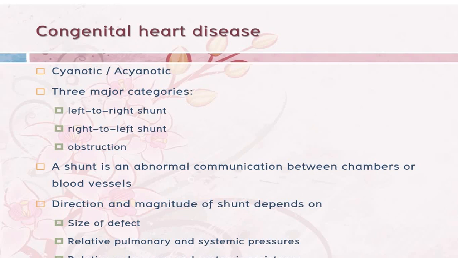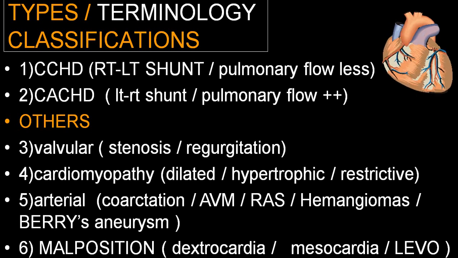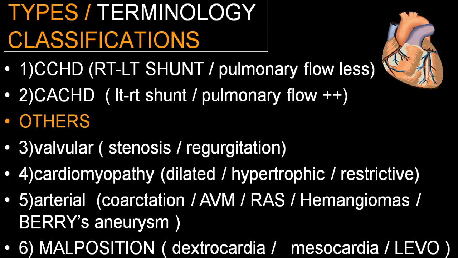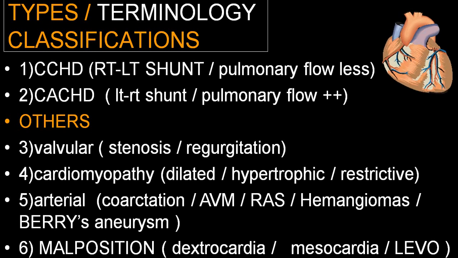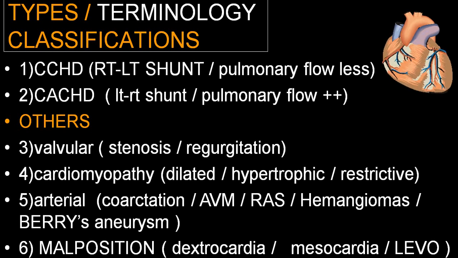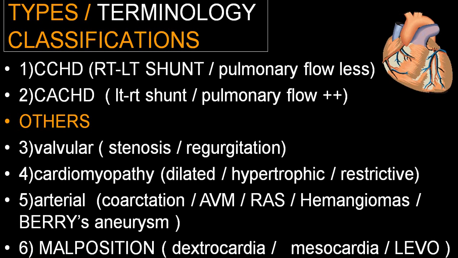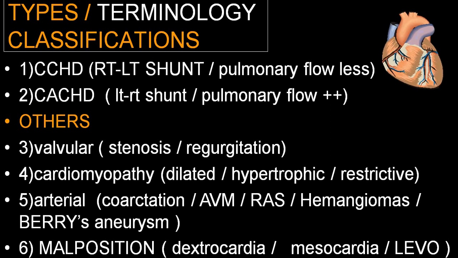By and large the pulmonary pressure is always less than systemic pressure, so there will always be blood flow from the systemic to the pulmonary side, that is, left to right. There are some commonly used terms. Congenital cyanotic heart disease is a right to left shunt, where deoxygenated blood flows from the right side to the left side, and by and large there is decreased pulmonary blood flow.